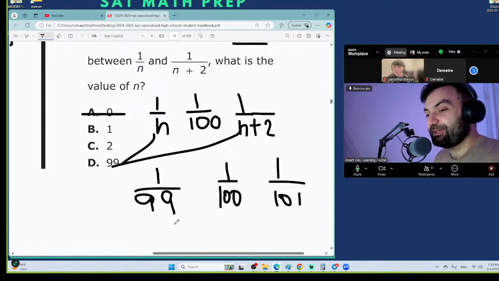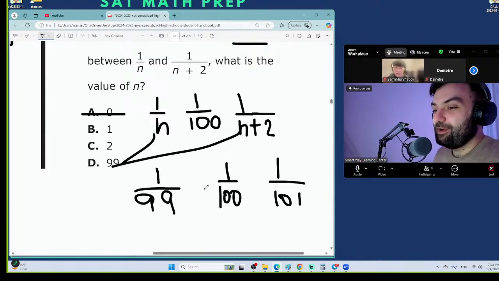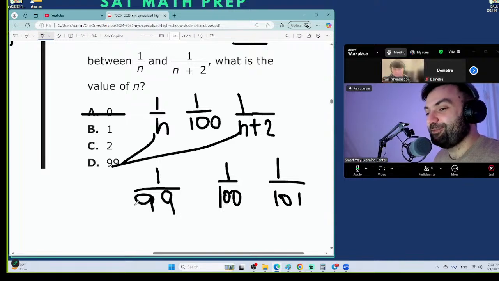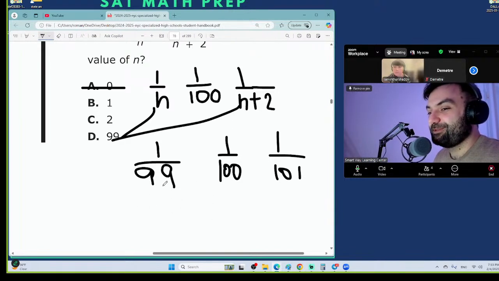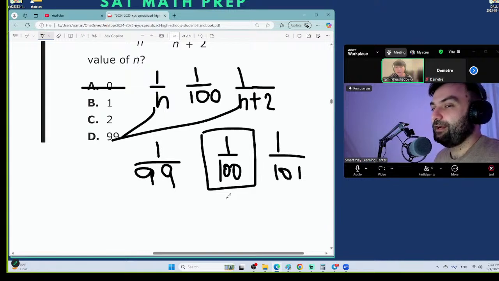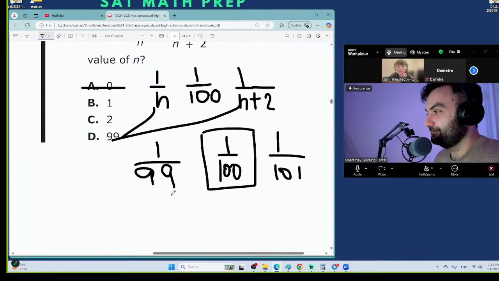Look how perfectly in between 1 over 100 is. So 99, 100, 101. You could have done elimination. We could have just crossed out A, B, and C. I know, but just to make sure.